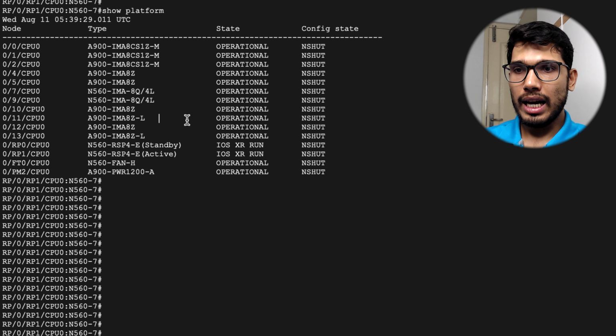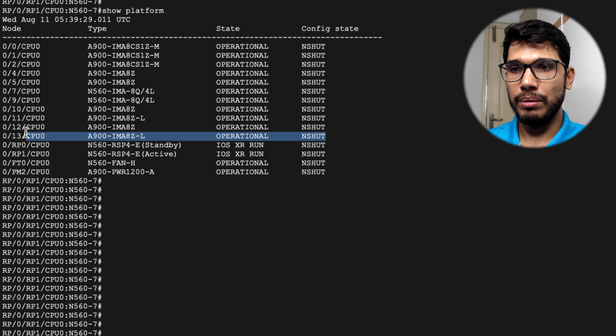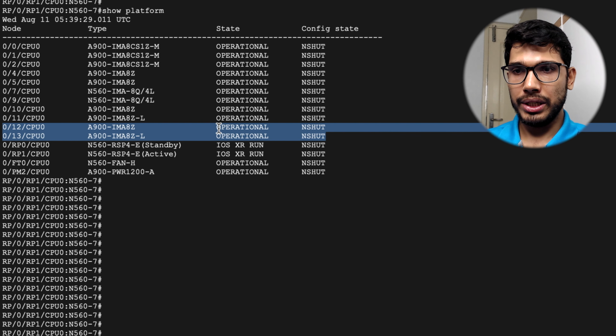Let us check out the logs again. So as I can see, I have this IMA8Z in slot 12. I have IMA8Z-L in slot 13, and these are operational. Earlier, prior to 7.4.1, I wouldn't be able to operationalize these particular IMs in these slots.